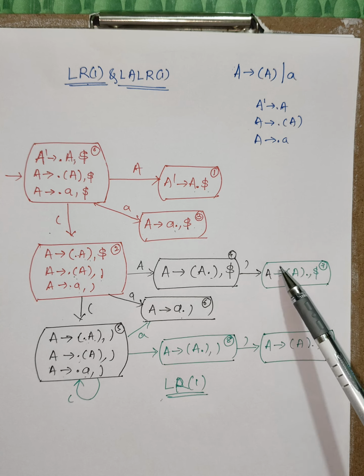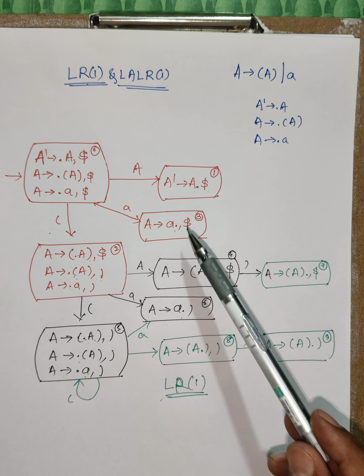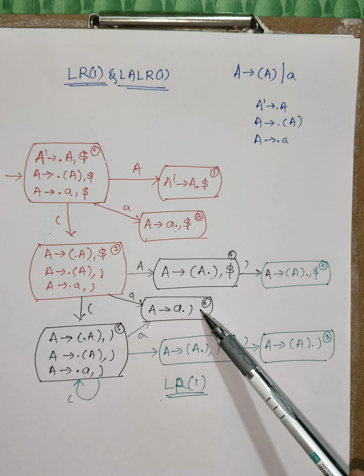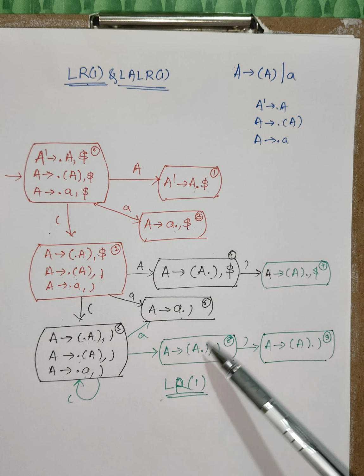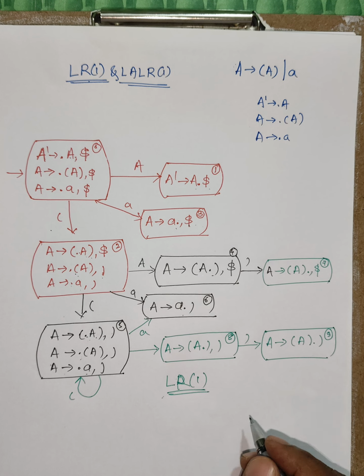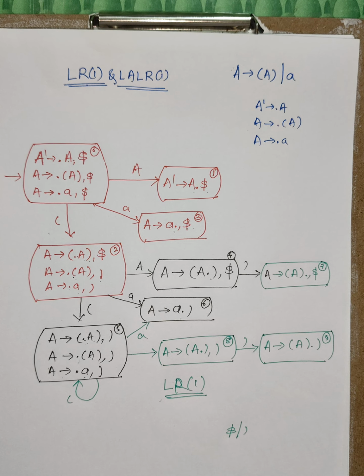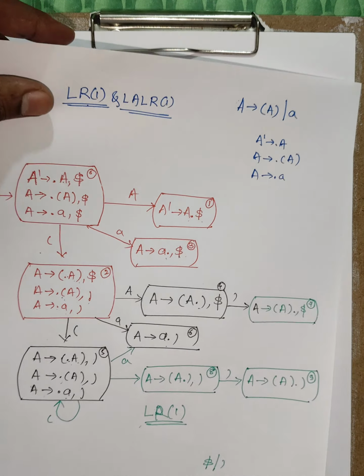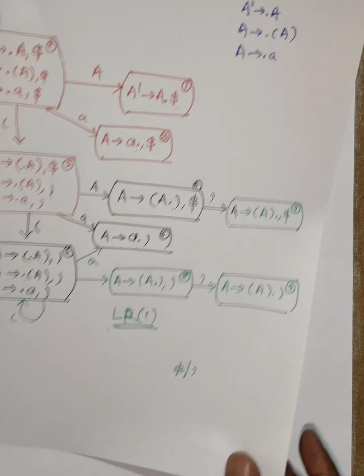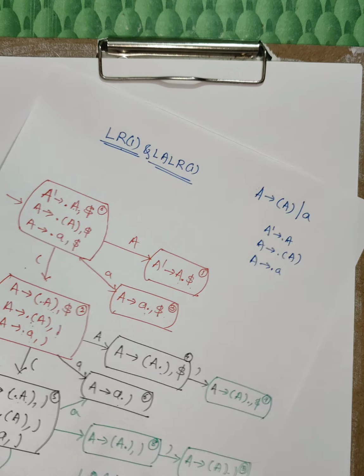Means in LALR1 we can combine these two. First we can combine these two, then these two, and these two. Means we can write carry locate dollar slash closing bracket. Like this we can write in LALR1. Check here on LALR1 for this.